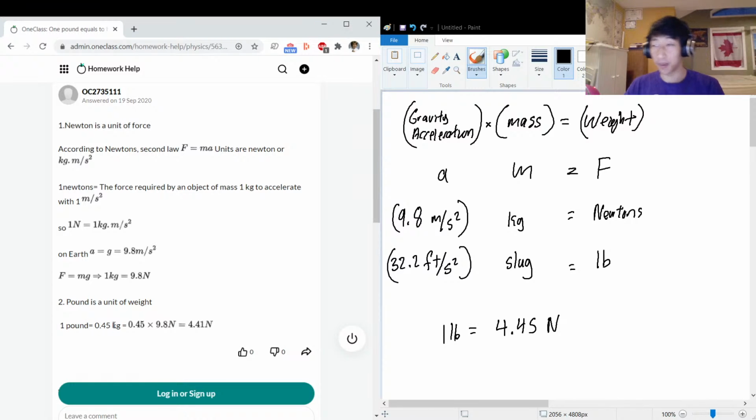This is another complication that we have to deal with, is that typically we use pounds for force. But a pound of mass, or a pound mass, is also referred to as slug, I think.